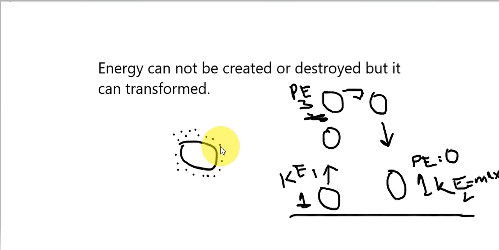So the ball was colliding with the air molecules, and as a result of this collision, the kinetic energy of the ball has been transformed into heat energy. So if you sum that heat energy with kinetic energy 2, you will come up with kinetic energy 1.